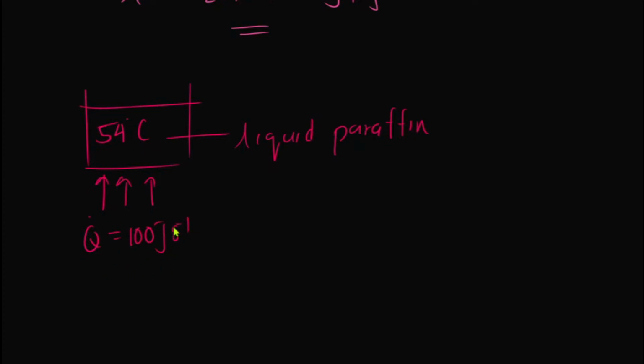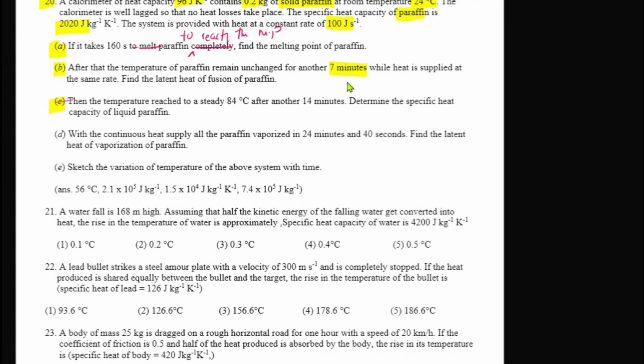So when this heat is supplied at this rate for another 14 minutes, which means 14 into 60 seconds, the temperature reached a steady value of what exactly? It did reach 84, right?